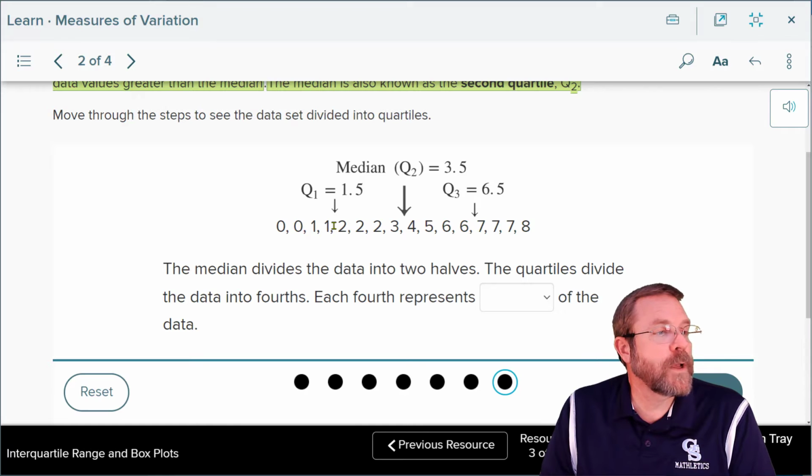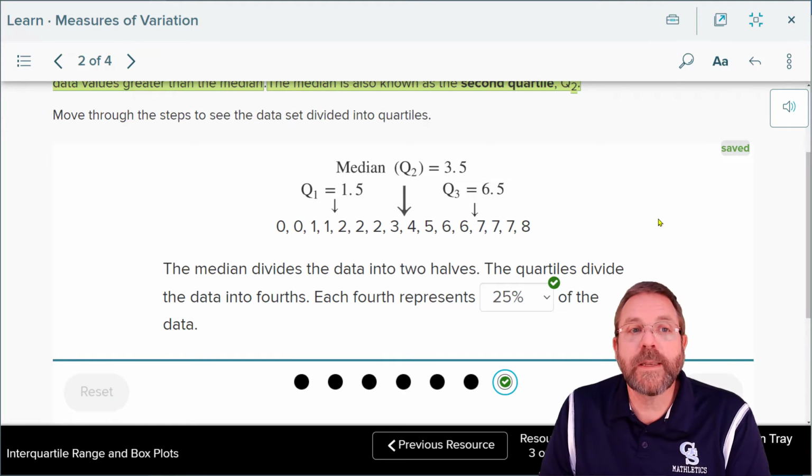Your first quartile is 1.5, your median is going to be 3.5, and your third quartile is going to be 6.5. The median divides the data into two halves, the quartiles divide the data into fourths, and each fourth represents 25%. That's 1/4 of a data set, and that's all the more we need for that slide.